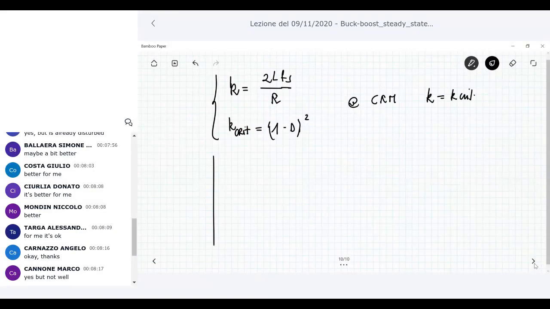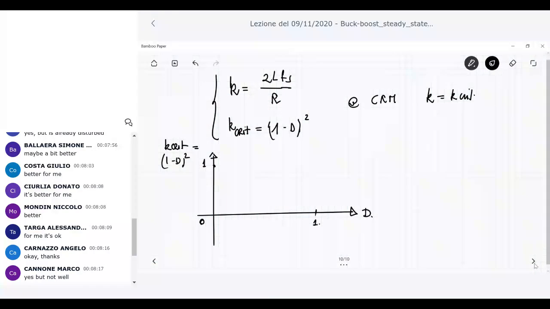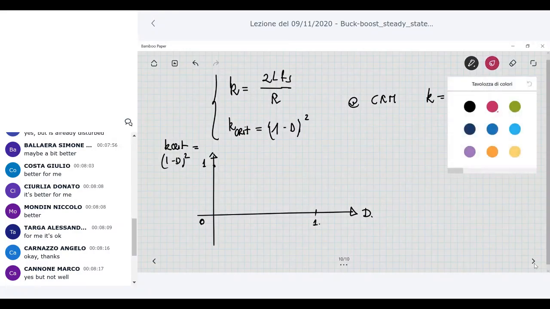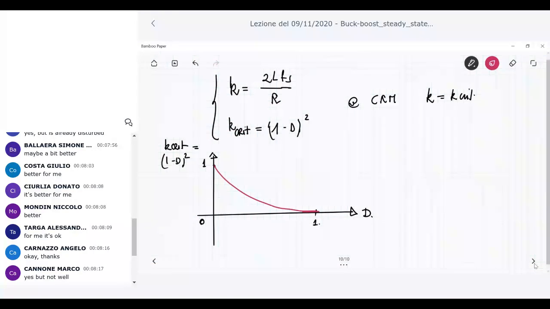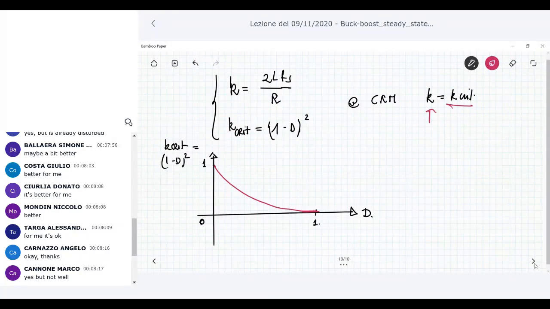As we did for all other converters, let me draw the graphical representation versus D of K critical, which is (1 - D)^2. It goes to 1 when the duty cycle is 0, and is 0 when the duty cycle is 1, so something like this. We have to compare K critical to K. K depends on L, on R, and on the switching frequency.